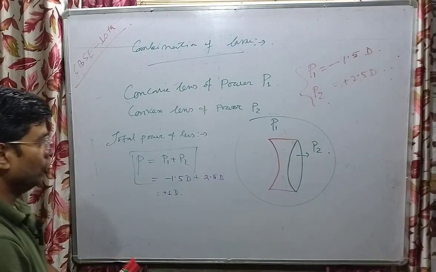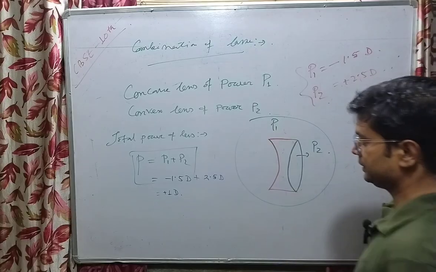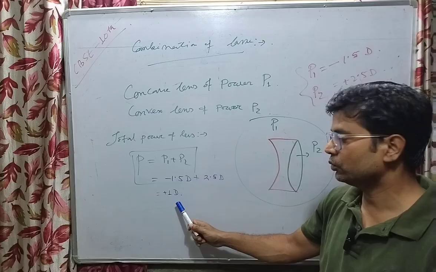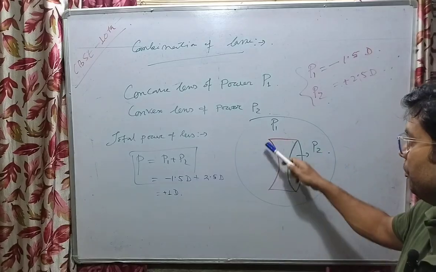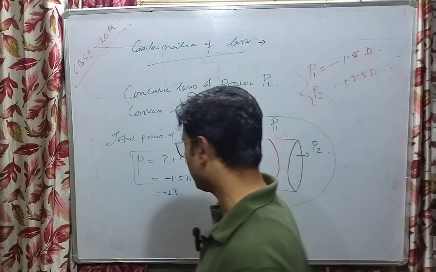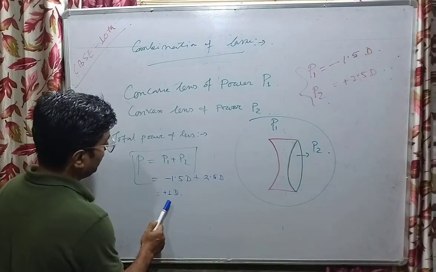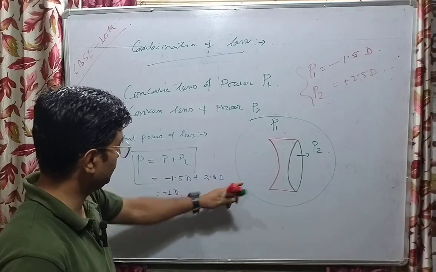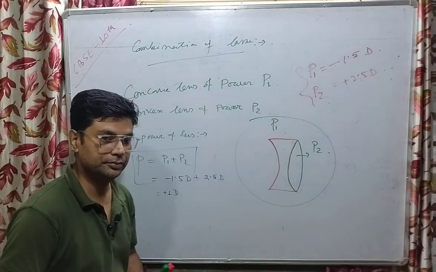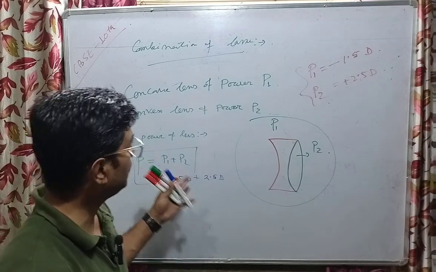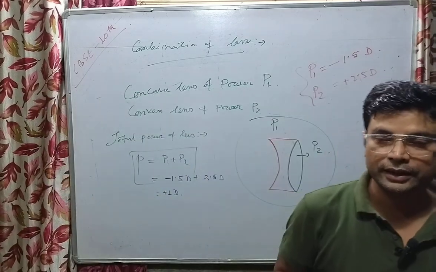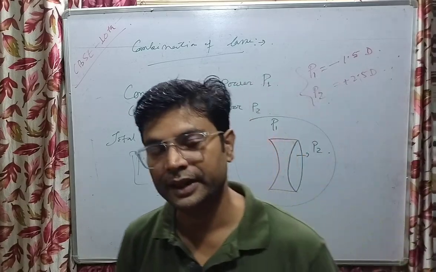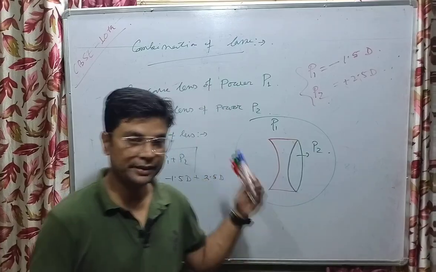It means while combining these two lenses, there will be another lens of power plus 1 diopter. And the combination of these lenses will form a lens of power plus 1 diopter. Students, you can calculate the power of combination of two different lenses or more than two or three different lenses like this.